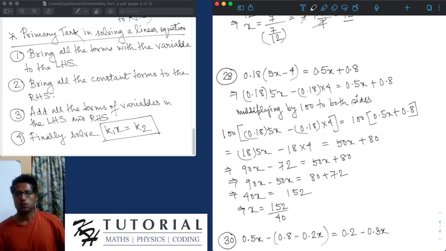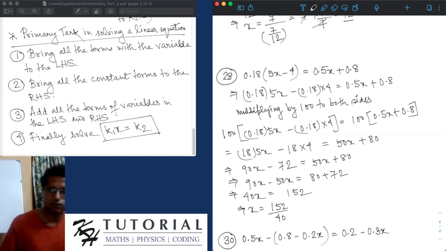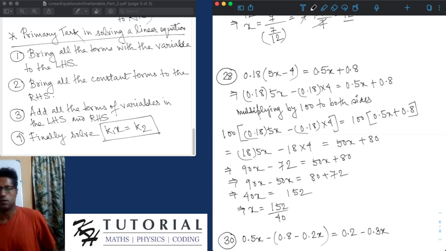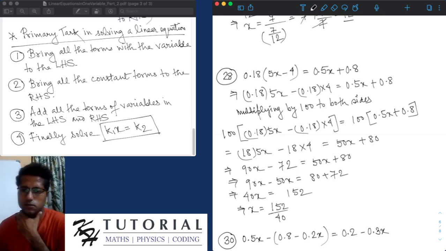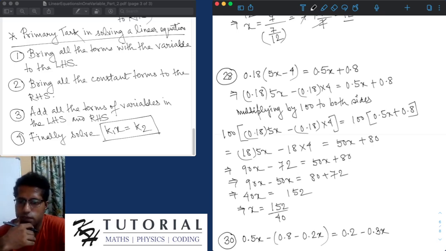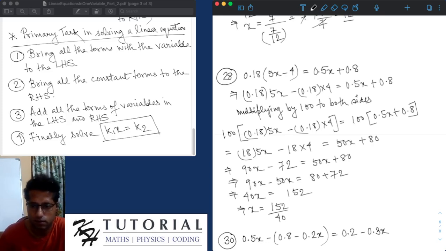Now 18 into 5 is 90x minus 72 equals 50x plus 80. It is fine. This becomes 90x minus 50x equals 80 plus 72. So 40x equals 152, and x equals 152 by 40. Okay, looks fine to me.